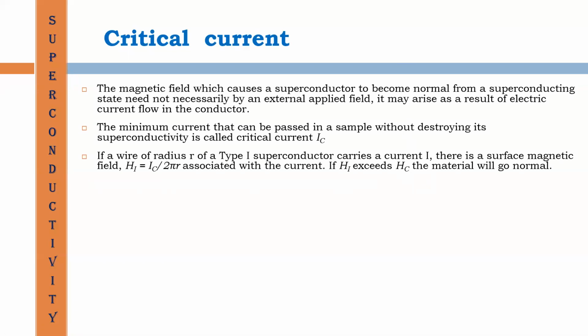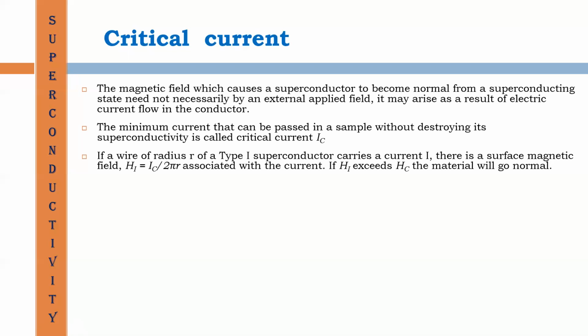Now, if we externally apply another field H, applied as a transverse field, it will also be a reason for the vanishing of the superconductivity.